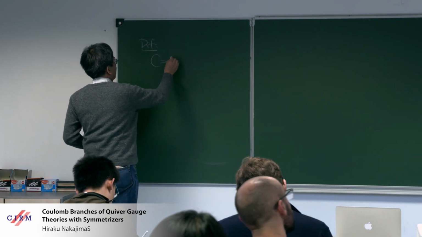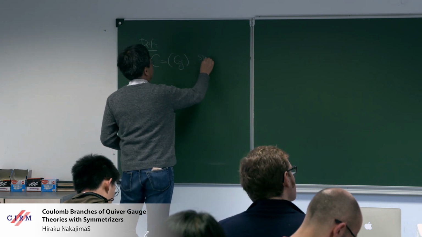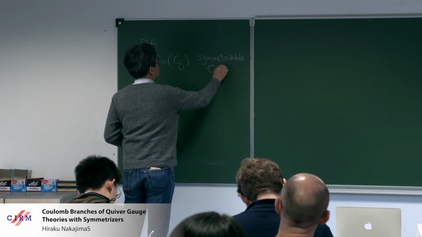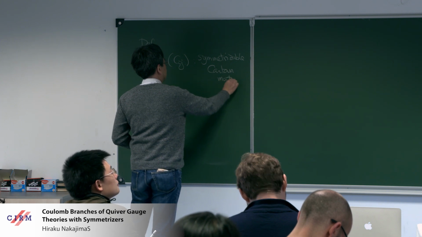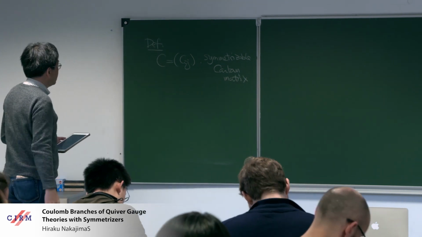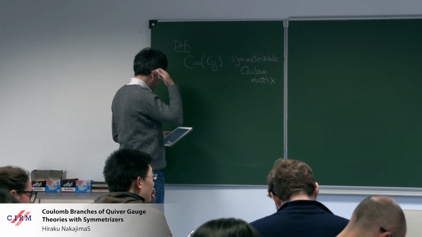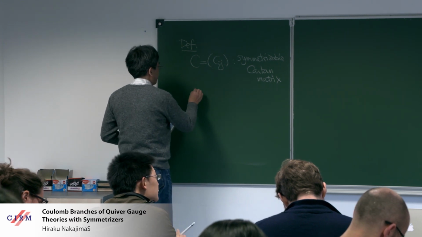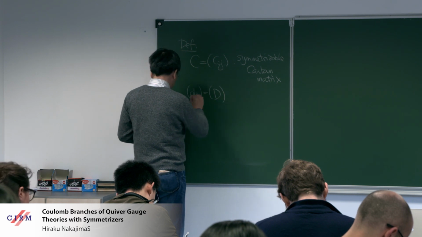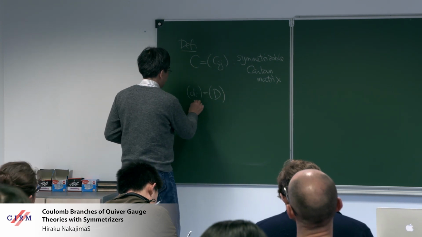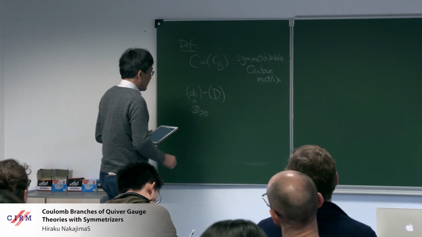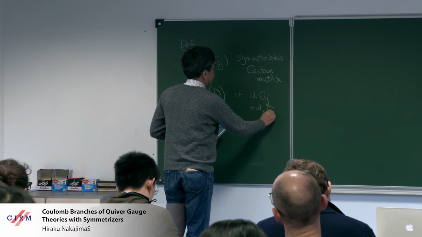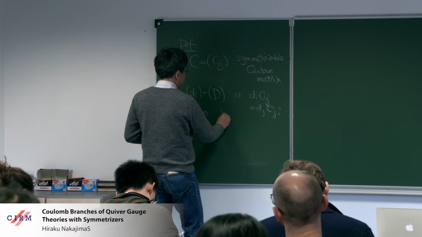So C is a symmetrizable Cartan matrix, which means that the diagonal entry is 2 and the off-diagonal entries are non-positive integers, and there is a diagonal integral matrix D, with di positive integers, such that di Cij is equal to dj Cji, and the di are called the symmetrizer.